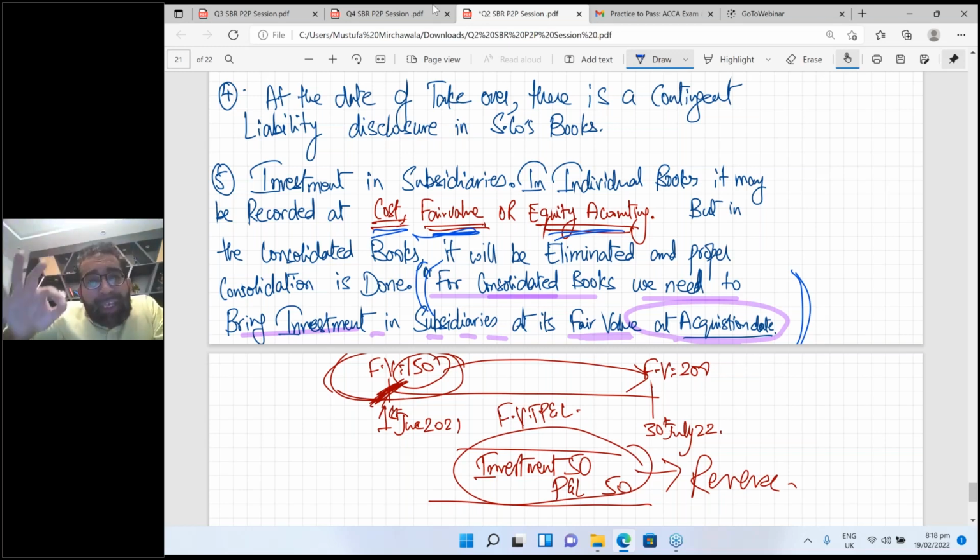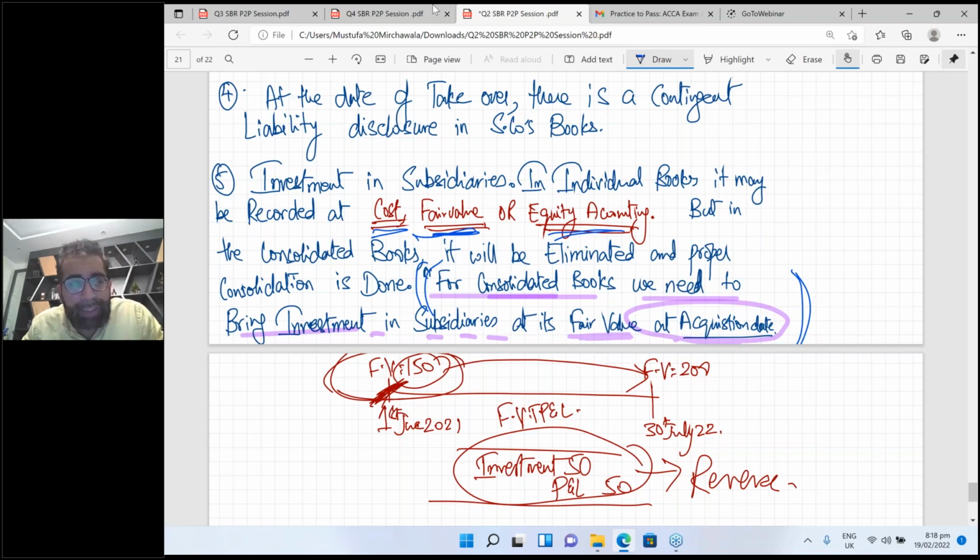The acquisition date fair value of consideration, the fair value of shares, is used in the calculation of goodwill, and that is to be cancelled out. Sometimes it happens, and in the previous papers of old SBR, meaning P2 papers, I have seen these questions.